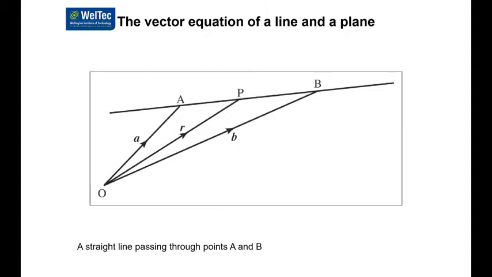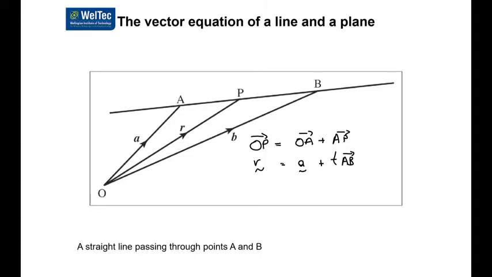Right, let's have a look here. We've got a straight line that's passing through A and B, and what we've got is that OP equals OA plus AP, and if we give them some names, R is equal to A plus some part of AB, which we'll call T, and AP is a multiple of AB.